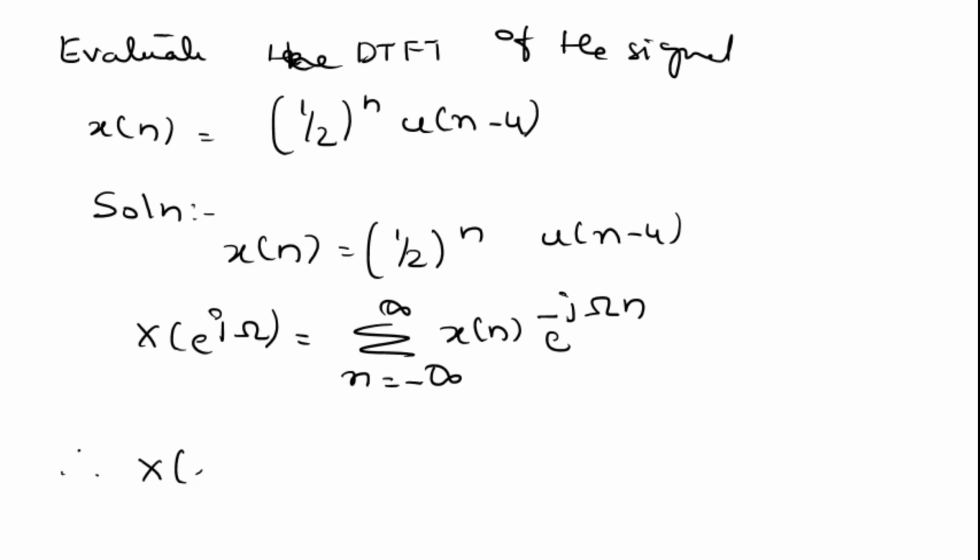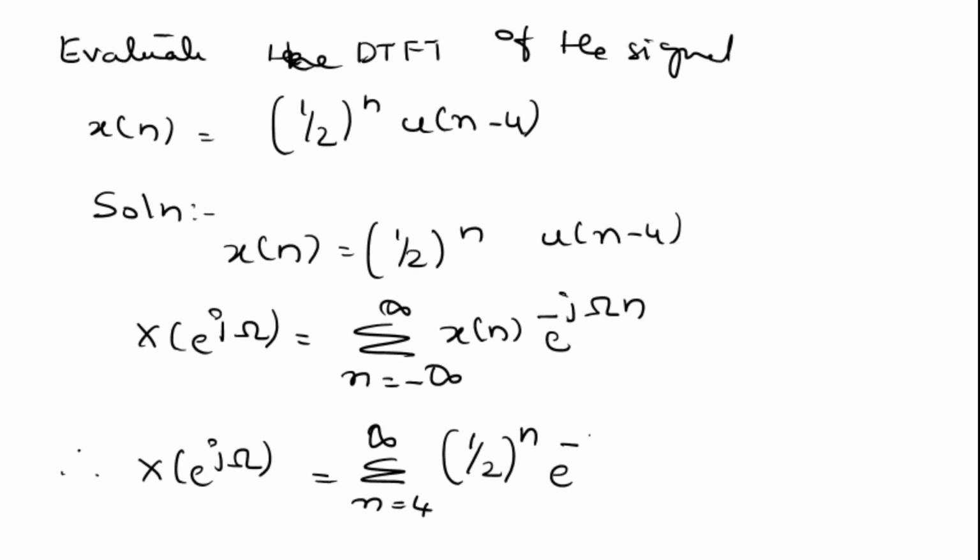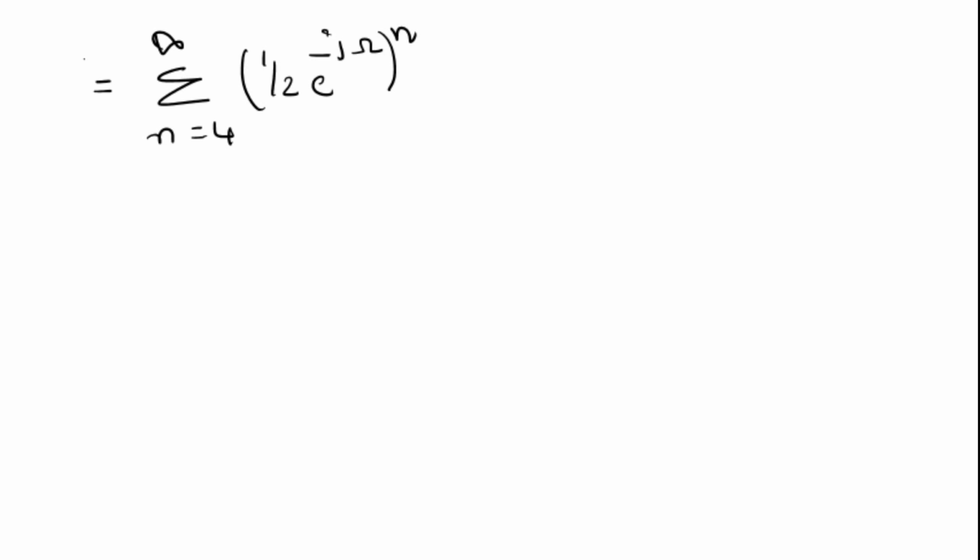Therefore, X of e power j omega is equal to summation n is equal to 4 to infinity half to the power n e power minus j omega n, which is equal to summation n is equal to 4 to infinity half to the power e power minus j omega to the power n.